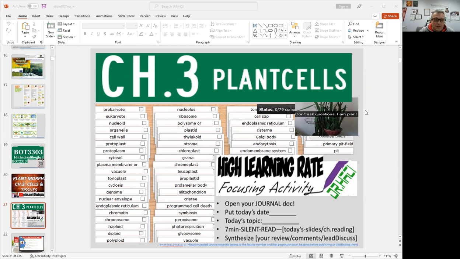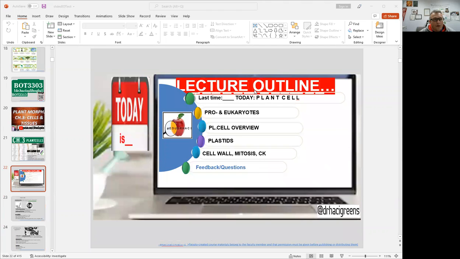You can put these keywords in your flashcards, and you can start reviewing, reciting, and reading the chapters and learning about this chapter. In this chapter we will talk about prokaryotes and eukaryotes briefly, plant cell overview, plastids, and then cell wall, mitosis, cytokinesis.